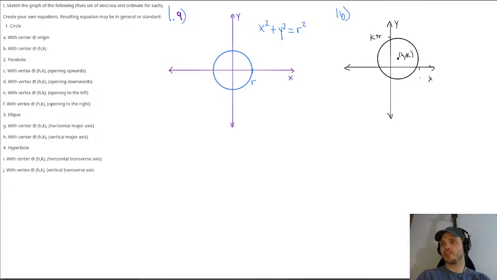This value is going to be h plus r. And then we're going to write the general form of the equation, which is x minus h squared plus y minus k squared equals r squared.